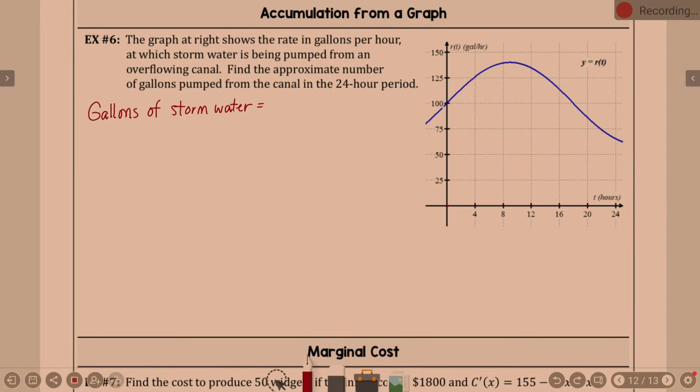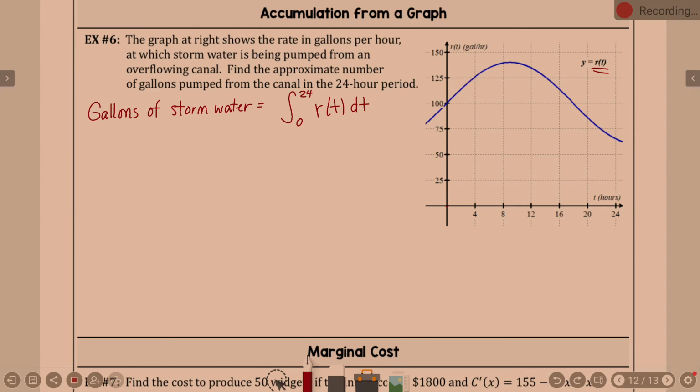So we're going to be doing the integral from 0 to 24. Officially, this graph is defined as R of t. So R of t dt.